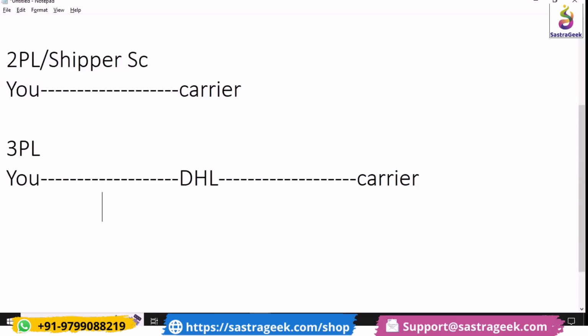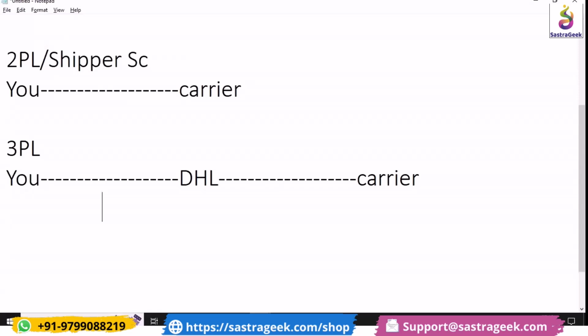Yeah, got it. Now, that receipt is basically proof that you have handed over the goods to DHL, and DHL provides you the receipt, which contains one unique number which you also use for tracking purposes.